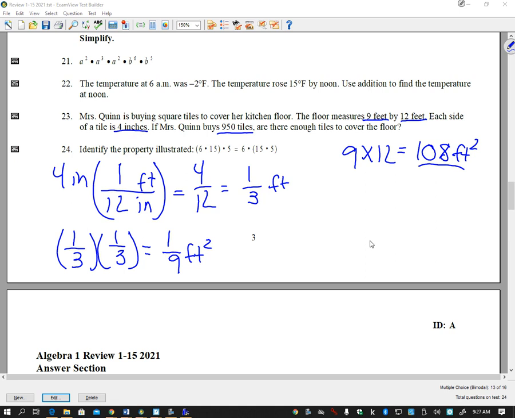So I know that the entire room is 108 feet squared, and I know that each tile is 1/9 feet squared. How do I find out how many tiles are going to fit in there?